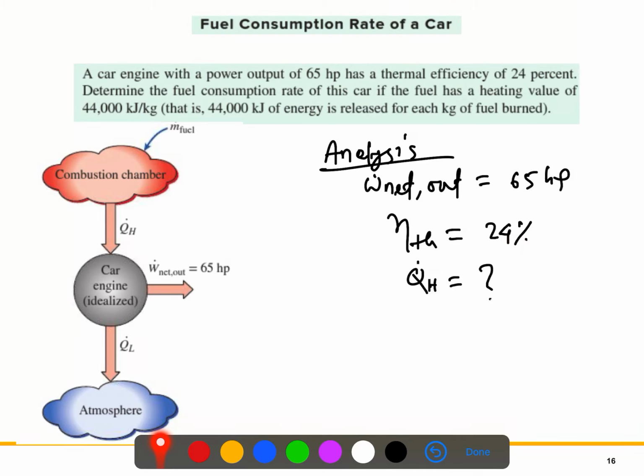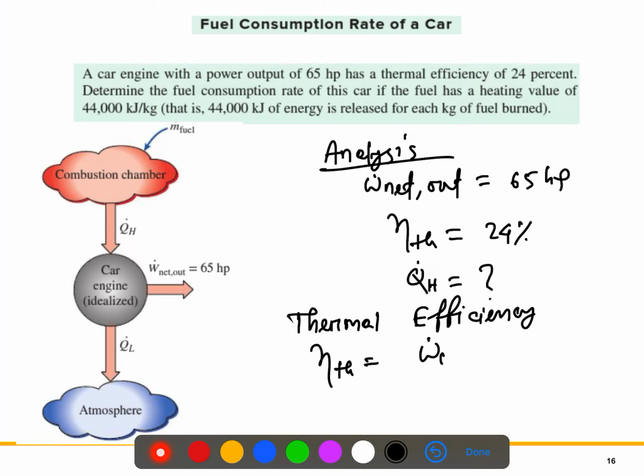converted into work. So as we don't know this Q H, we can easily calculate it from the thermal efficiency formula, right? The thermal efficiency, if you can remember, eta T H is equal to the net work output over Q H, the heat from the hot temperature reservoir.